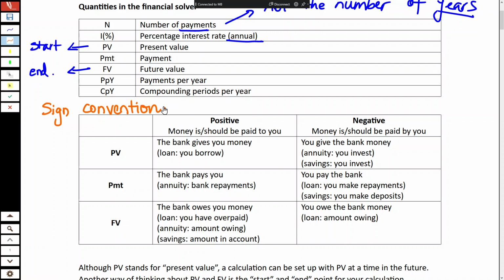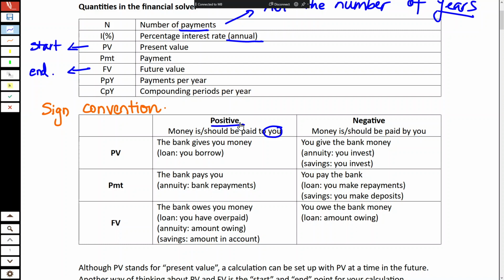So here's the convention. If the bank pays money to us, we're going to give that a positive value. So Mrs. Kidd, who used to teach Year 12 further, she used to describe it like this. She would say, oh, bank gave us money. That's good. That's positive. Okay?